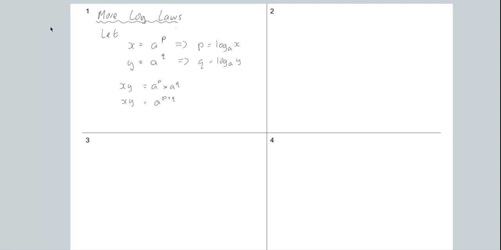What I want you to do now is look at this bottom expression here, and I'll give you a moment to convert that into logarithmic form.